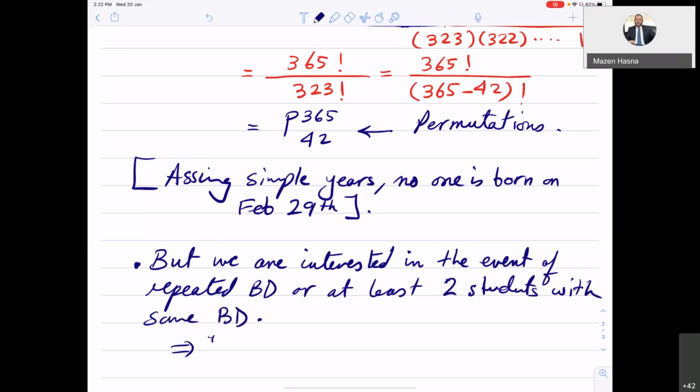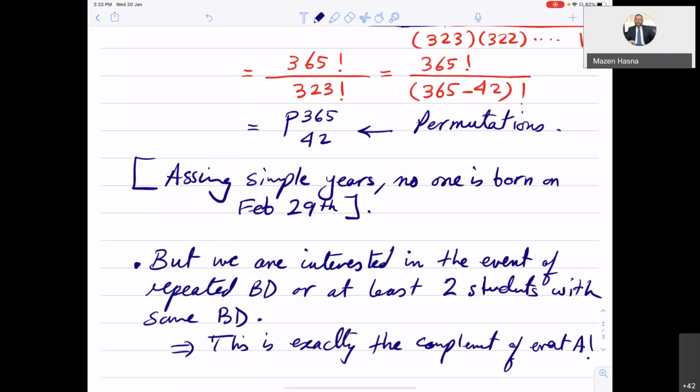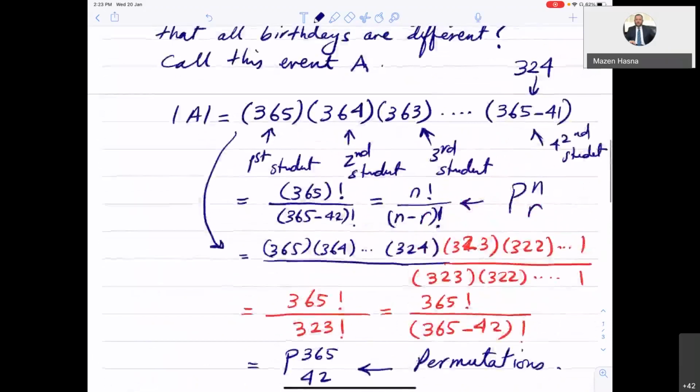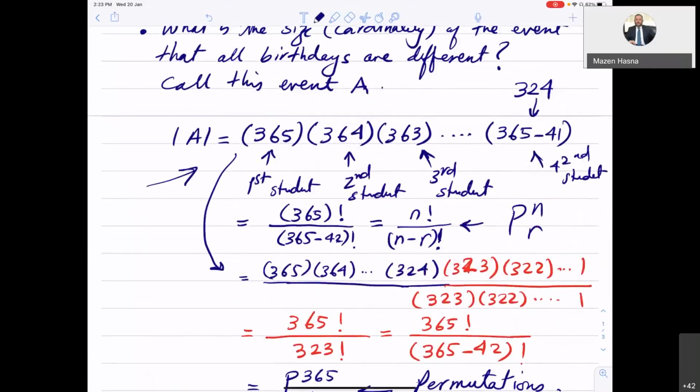So this is exactly the complement of event A that we found, right? Because what we found here was the event that no 2 students have the same birthday.